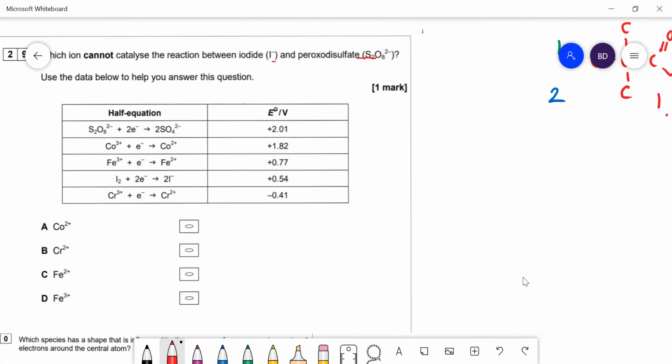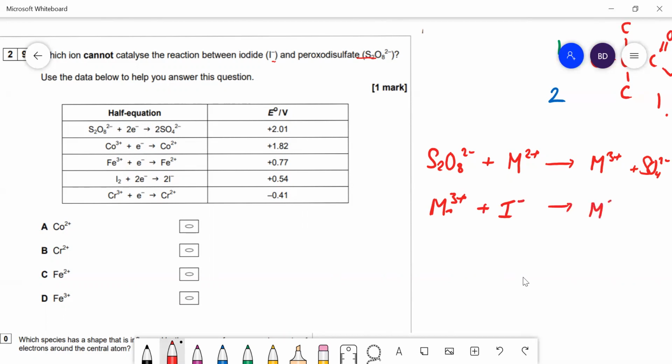What's got to happen is the peroxodisulfate ion oxidizes the M2+ ion to M3+. I'm not balancing this, and you'll also get SO4 2-. And then the M3+ oxidizes the iodide to iodine. Again, I'm not balancing the equation.